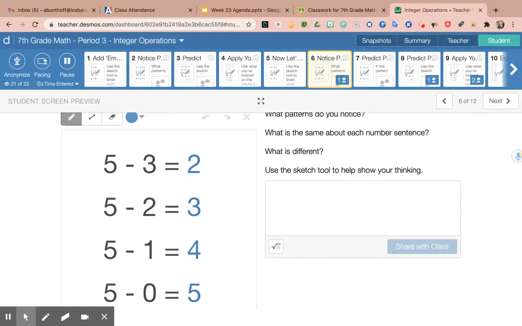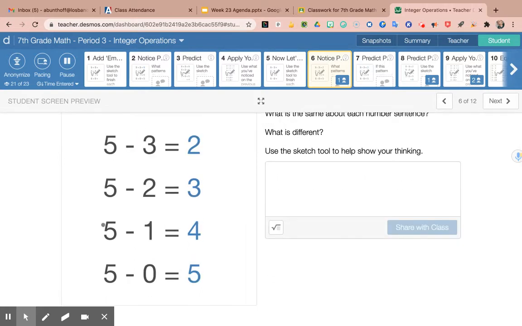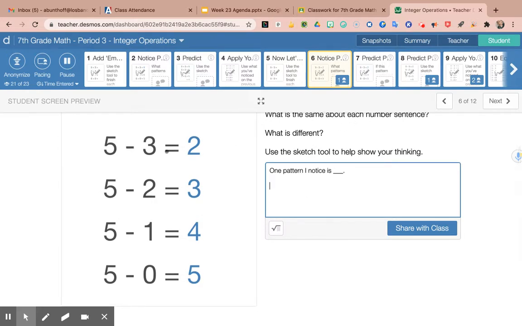Number 6 is asking the same question as when it was addition. What pattern do you notice? So looking at this, what is a pattern you notice? So one pattern I notice is, and then you're going to write the pattern you see. What is the same about each number sentence?